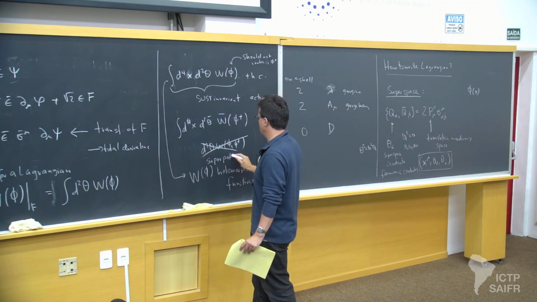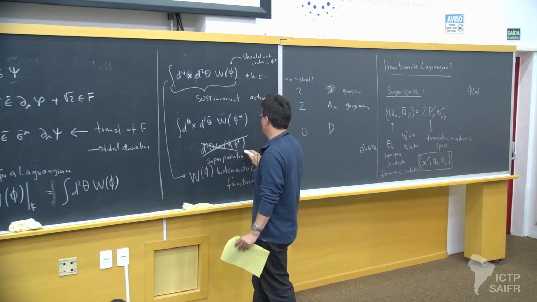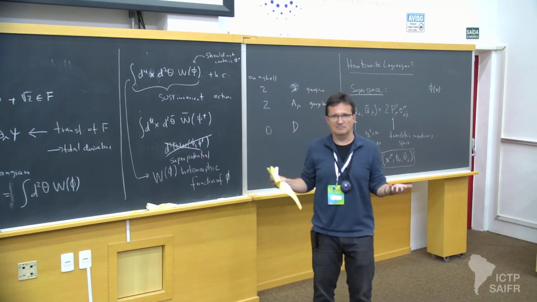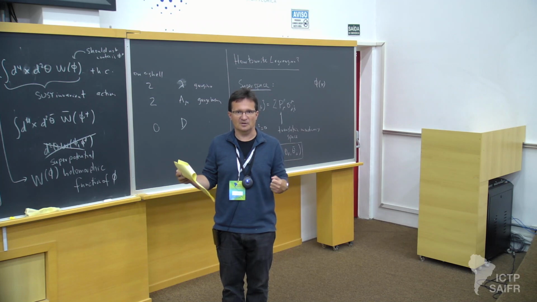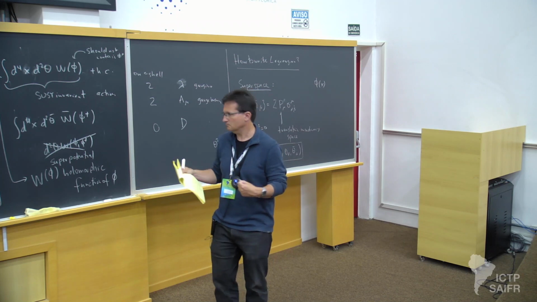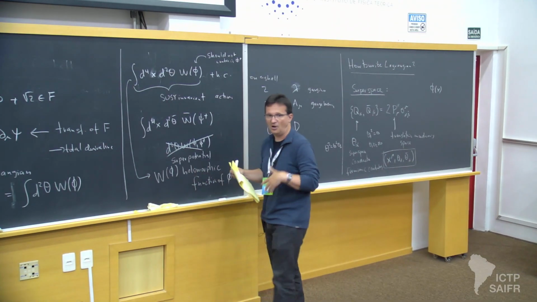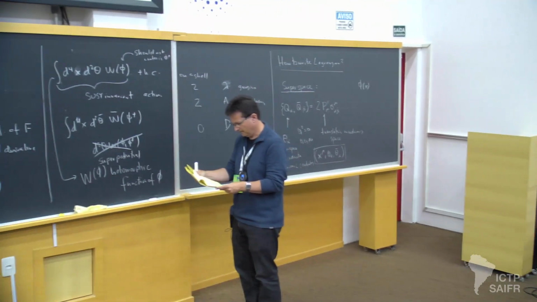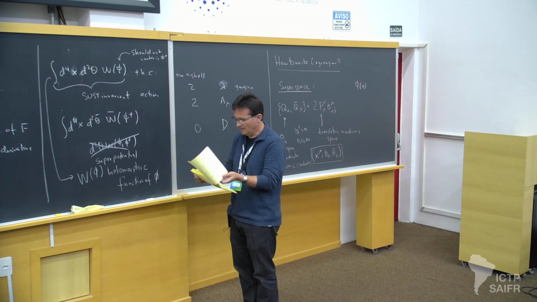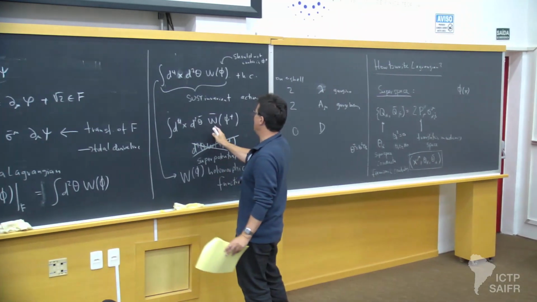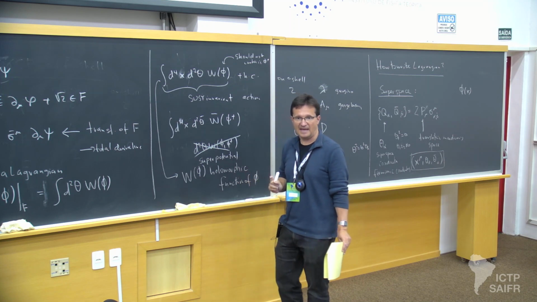Why is it superpotential? Because it plays the role like the ordinary potential in ordinary non-supersymmetric quantum field theories, but it's just a holomorphic function of the chiral superfields. Okay, very good. So this is one way of getting pieces in the action.